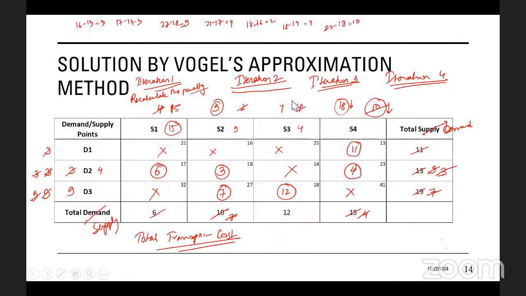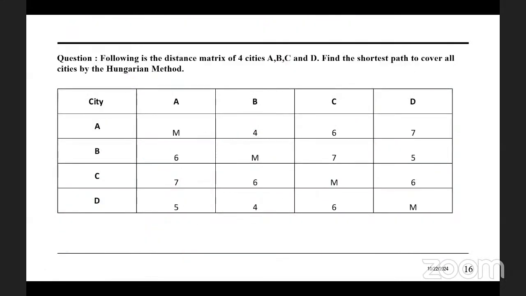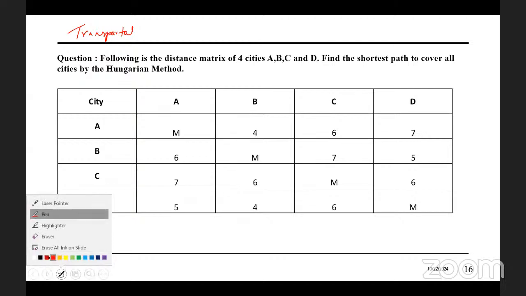We'll quickly move on to the third problem that I was supposed to discuss today. So this is using the distance method. This is basically from the class of problem of transportation. Sorry, not transportation, my mistake.